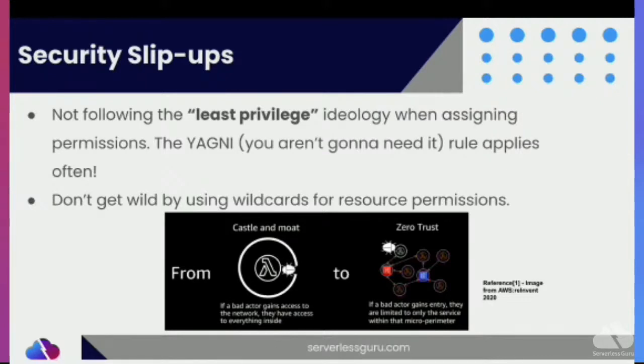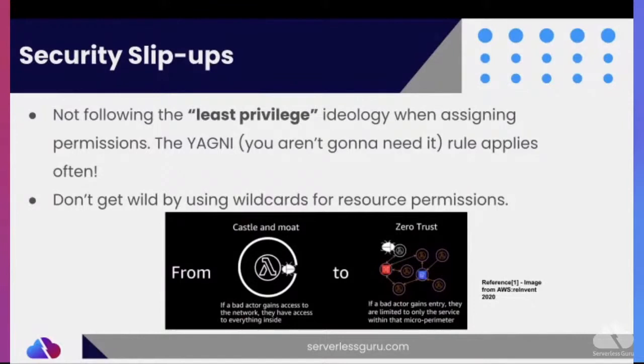So even if one area of your application is affected, the blast radius is only limited to that service and not to the entirety of your application. This is why it's crucial to follow the least privilege principle, wherein you assign only those policies which your functions or your other resources need to work with.